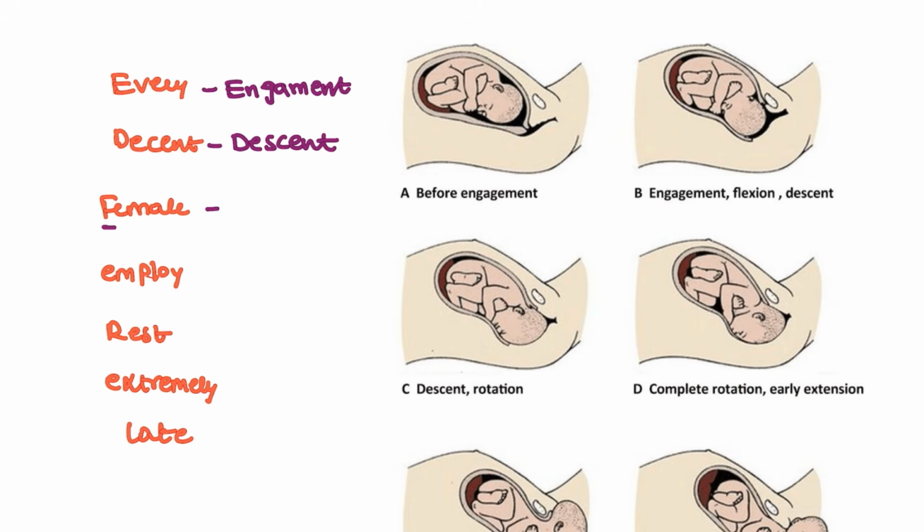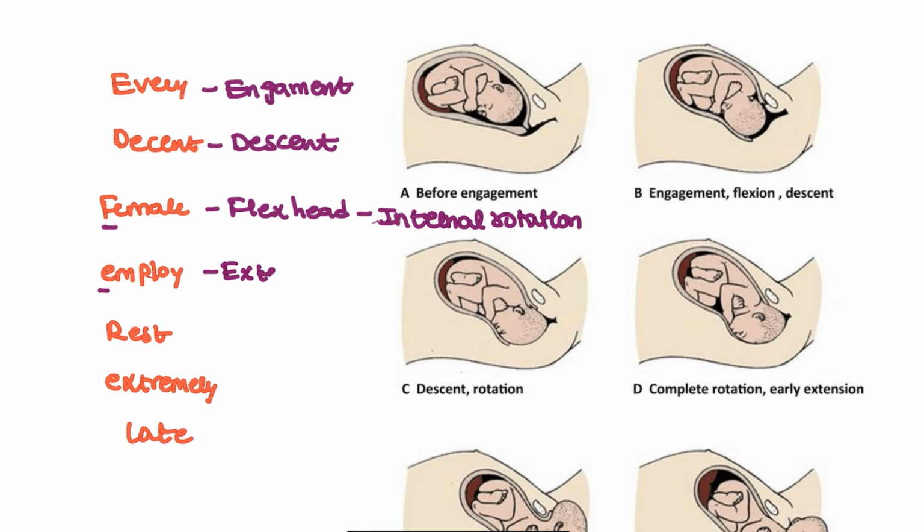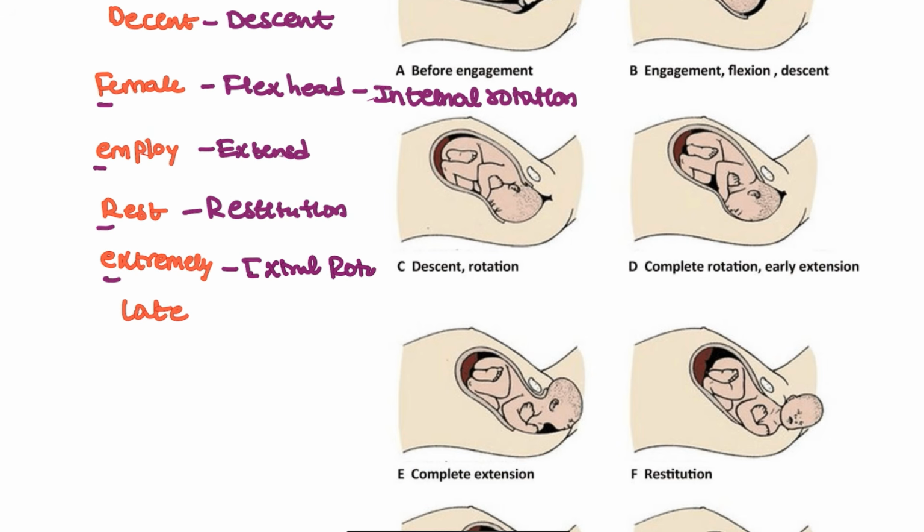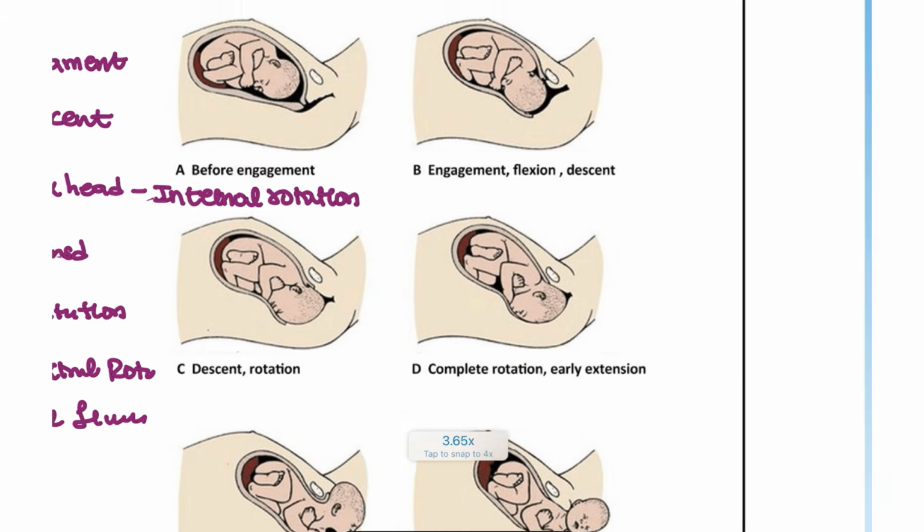F for flexion of the head. And how does it rotate? It rotates internally: internal rotation. Next, E for extension. Then R for restitution, and another E for external rotation. And L for lateral flexion. Let's see one by one.